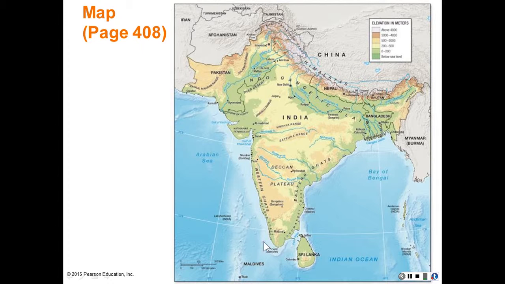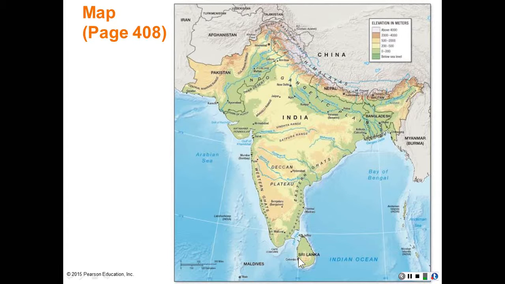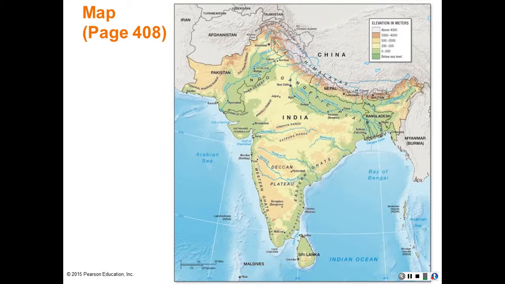Some of the coastal regions here are well watered from rain that drains off of the plateau. And so these coastal regions in the southern part of the peninsula have very dense populations. We have the island of Sri Lanka, a separate country, a divided country, and we'll spend some time talking about the divisions there.